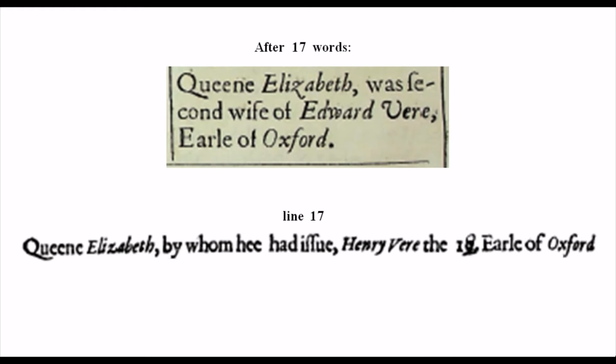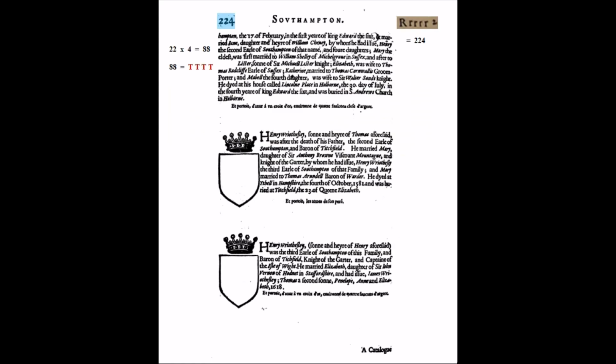Now let's see what the catalog has to say about Wriothesley. First thing, notice it's on page 224. We came across this number earlier on Wriothesley's page in the Catalog of Honor, the 5 R's with the 2 being equal to 224. 22 times 4 is 88, and with a repeated count, 88 is equal to 4 T's.